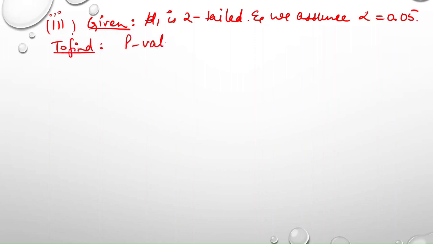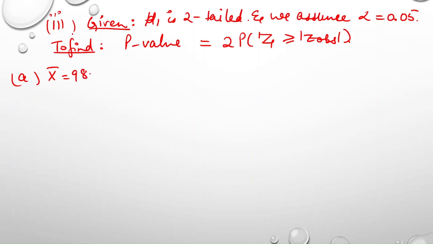So to find the p-value in both the cases, we will be using the same formula, mod of Z observed. In the first case where x bar is equal to 98, we could calculate Z as x bar minus 100. So Z observed would be 98 minus 100, that's minus 2.